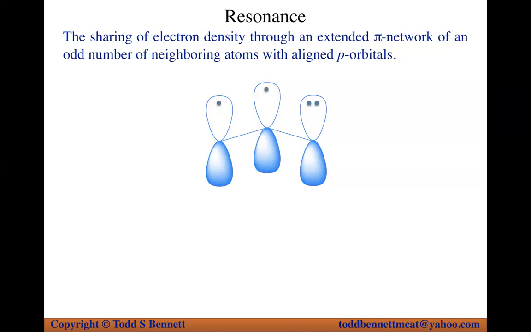If I have this arrangement, one electron in each means that's a pi bond there, and then the adjacent atom, whatever it is, has a lone pair. Because these orbitals are all lined up, one next to one, another next to another, electron density can move: this electron can move to the middle, which can cause that electron to move over there.